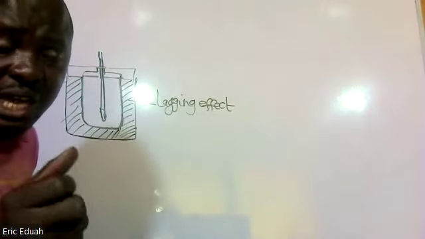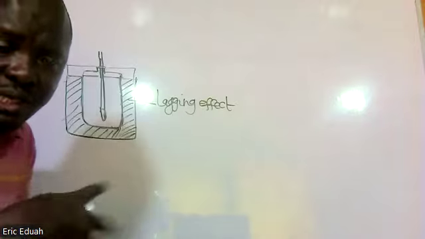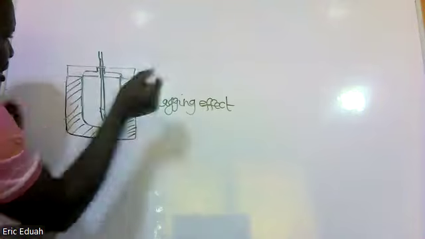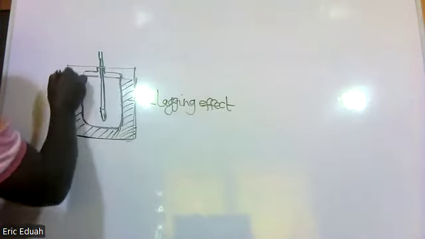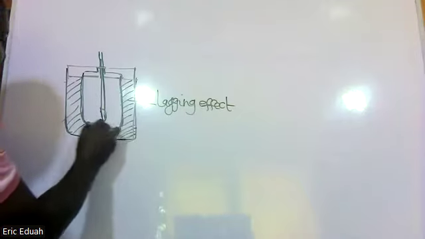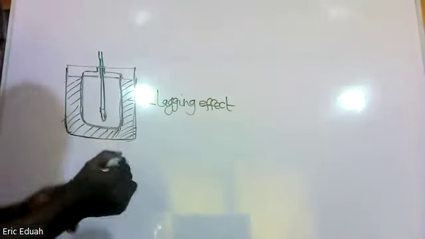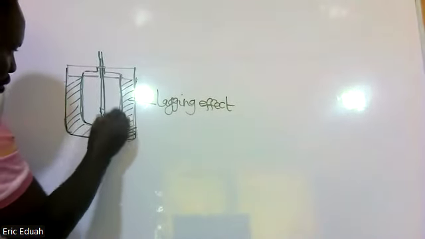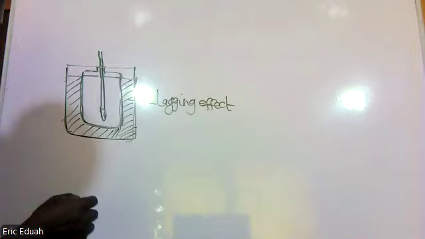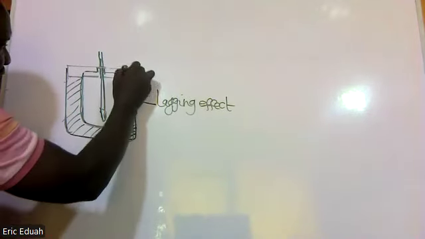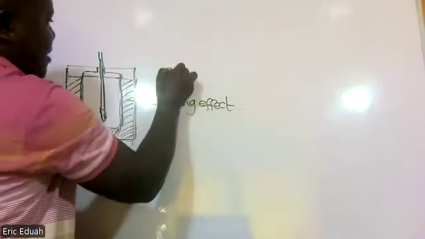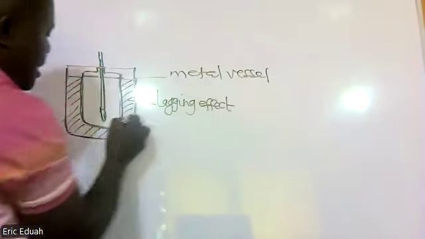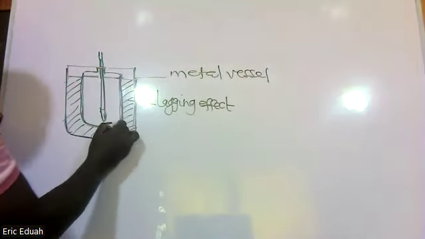The lagging is actually a non-conducting material. It is sandwiched between the metal vessel and the calorimeter within, so that they don't establish direct contact. Now the surface of the calorimeter and then the metal vessel. This is the metal vessel, and this is the calorimeter itself.